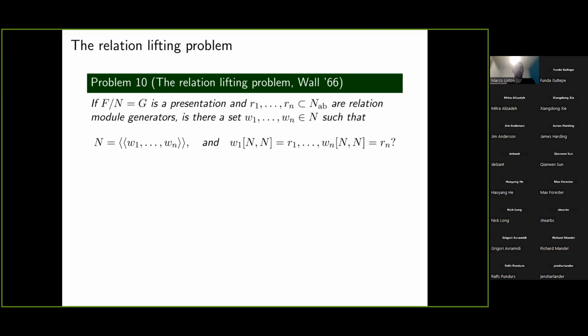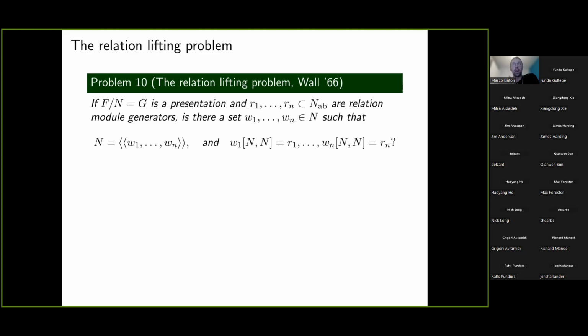Instead of asking whether there's a gap, we want something slightly more precise. That is, given relation module generators, do these actually come from normal generators of your normal subgroup? This is a much stronger requirement than asking for there to be no gap in your presentation. We'll see in a second why it's much stronger.